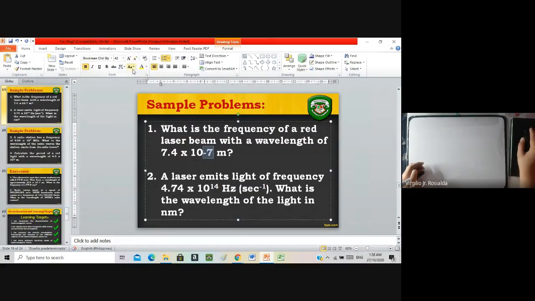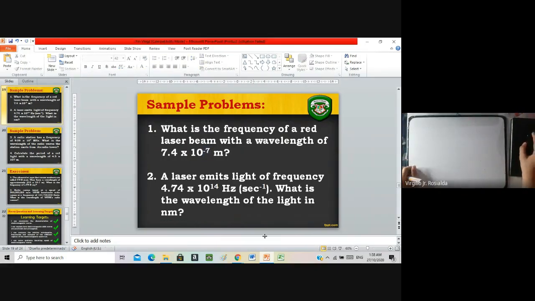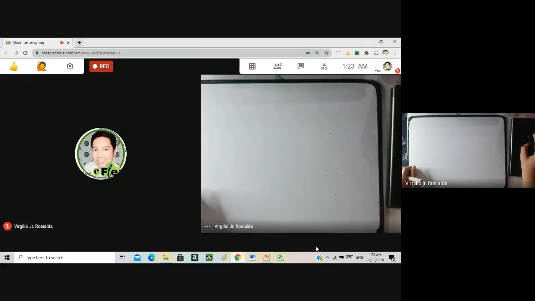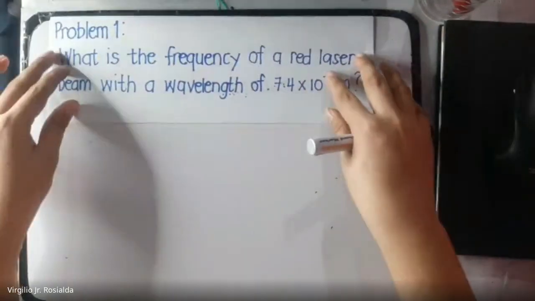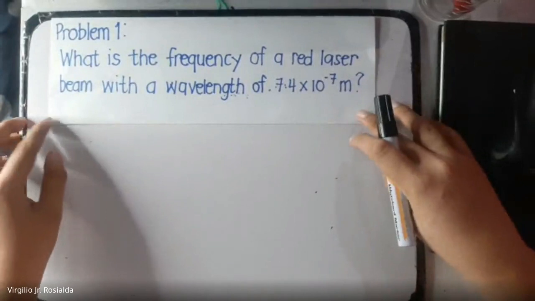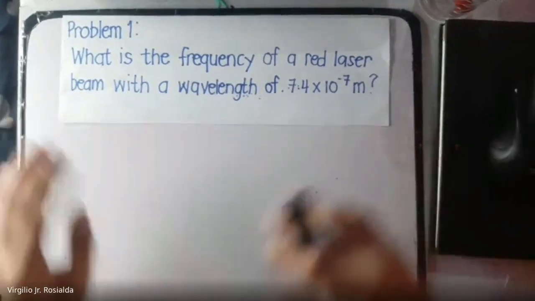Let me edit. Sorry. Okay, stop ko na ang sharing. Okay, para focus na tayo sa aking illustration. So the number one problem is this one. Okay. Number one problem natin, I hope you can see it clearly there.